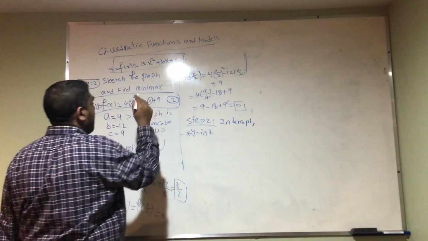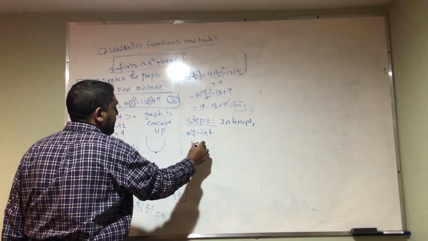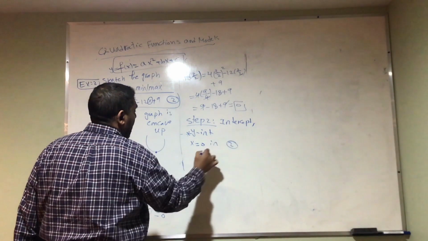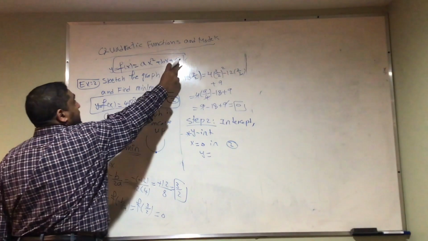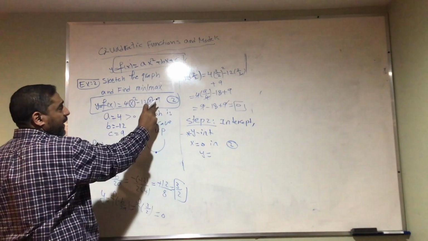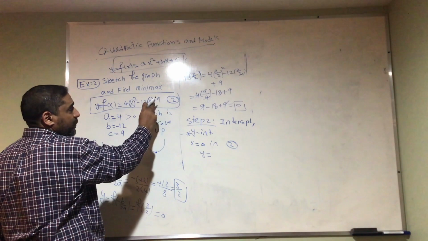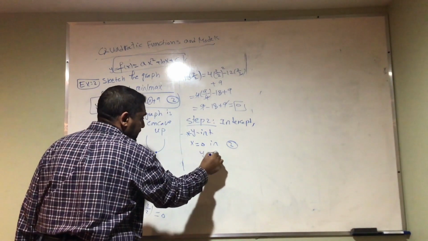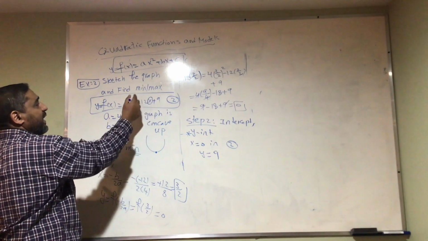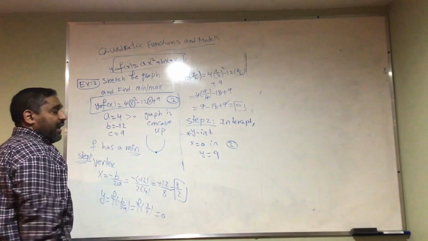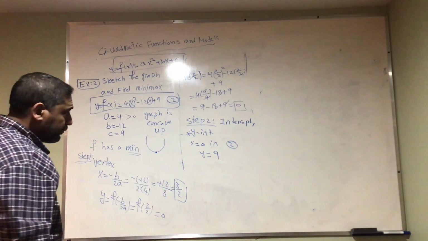I put x equals 0 in equation 2. The y-intercept is the constant c, including the sign. So what is my c? Plus 9. So the y-intercept here is 9. Or if I replace x by 0, this term cancels, and you are left with just 9.